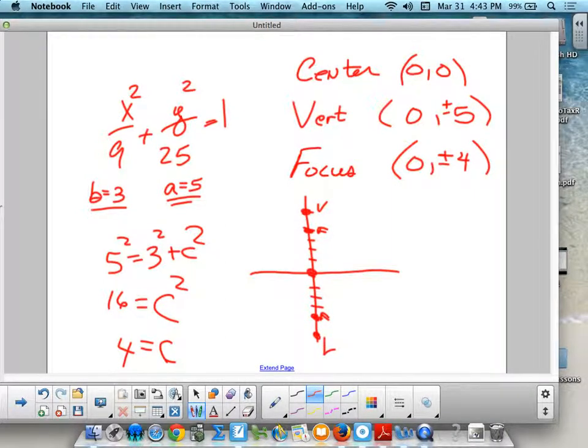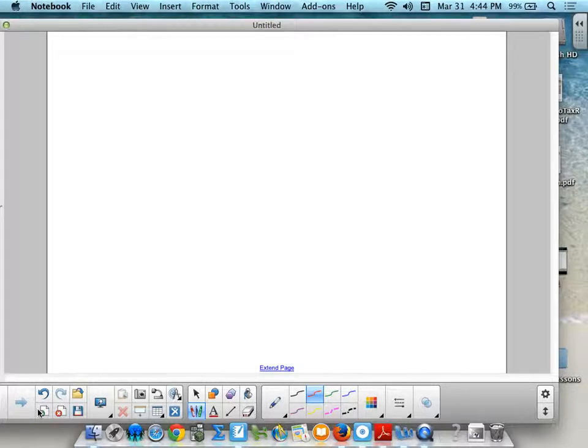The B value was 3, so I know I'm going out 1, 2, 3, 1, 2, 3. There it is. 5 up, 5 down, 3 right, 3 left. Good. That was 19. Now go to 20.